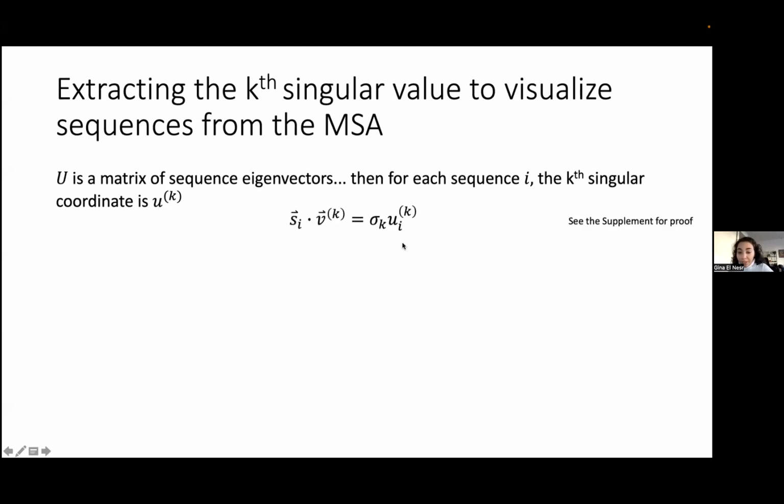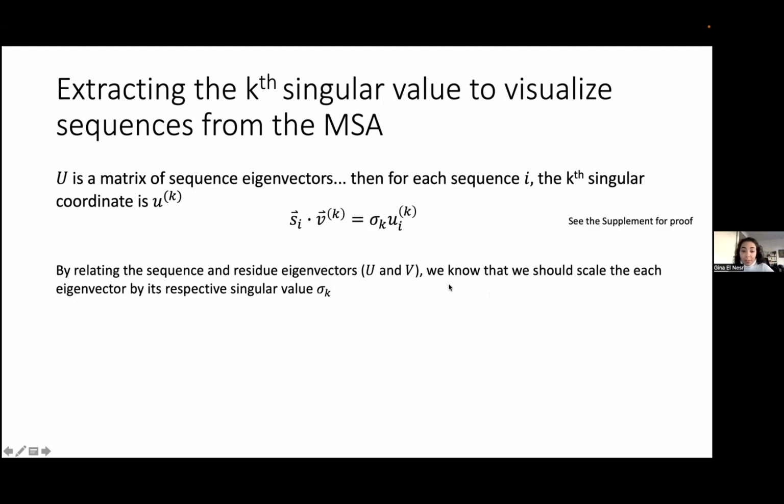There's this really nice equation: the sequence eigenvector times the residue eigenvector is equal to our singular value times that sequence eigenvector.